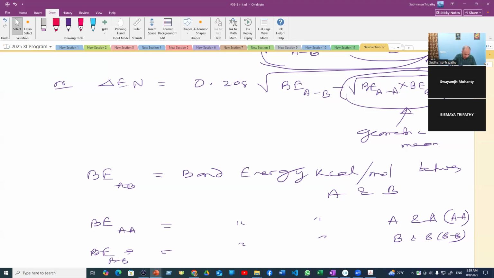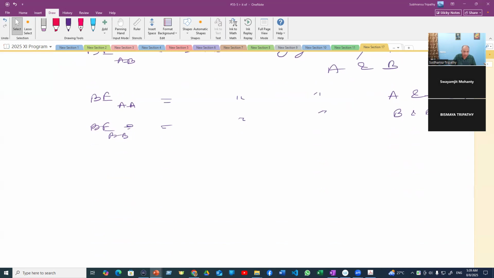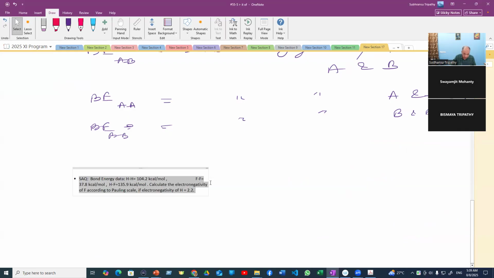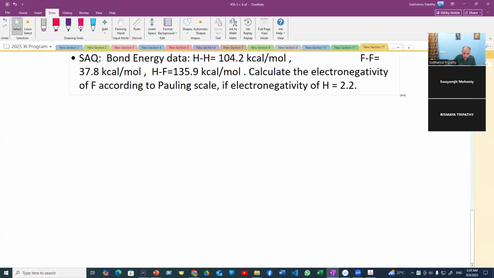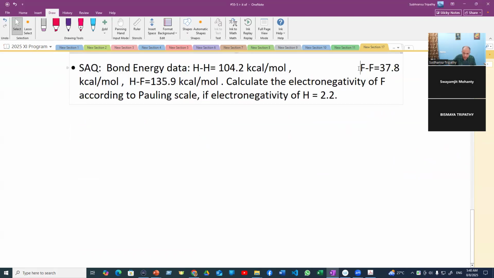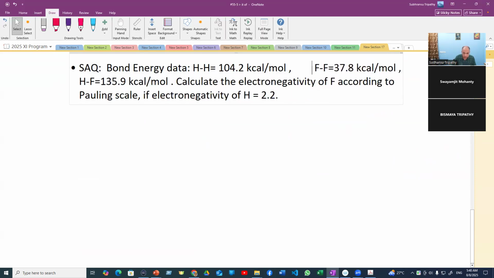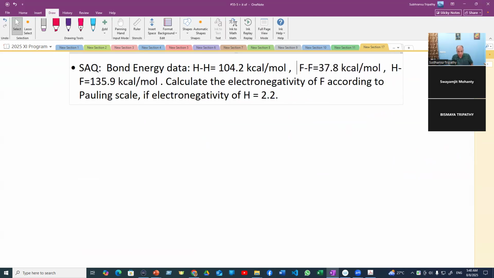Supposing I will give you this problem now to find out the bond energy between H-H, F-F, and H-F.